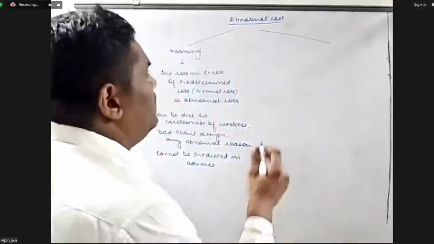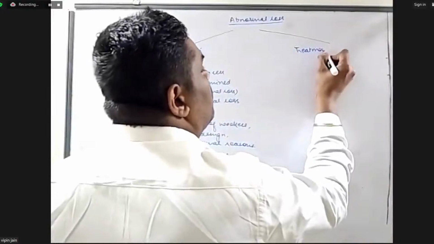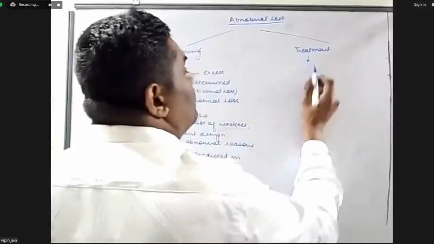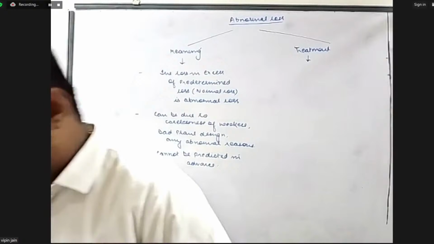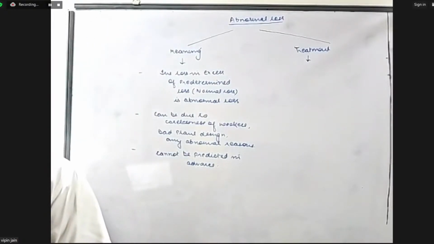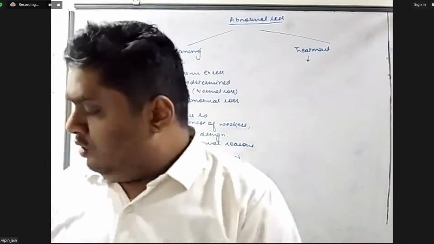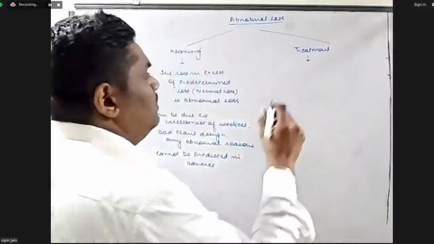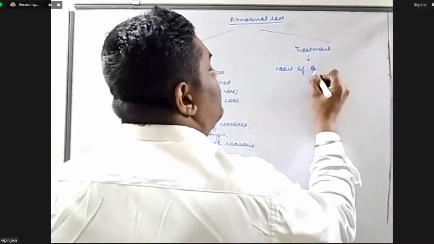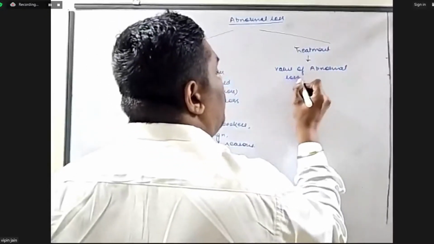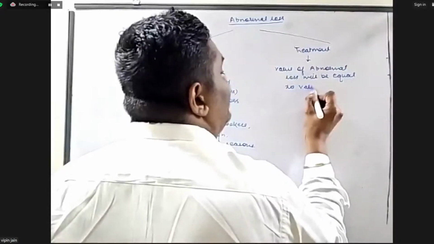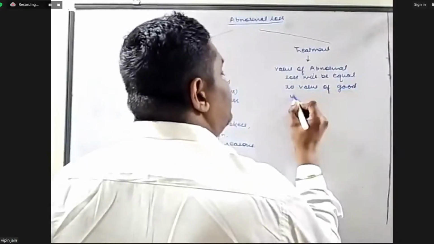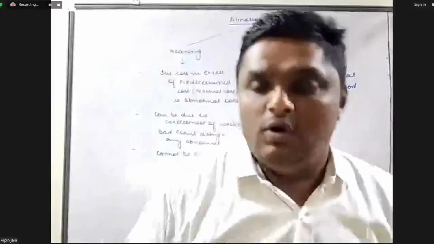Now, when talking about the treatment of abnormal loss, the value of abnormal loss will be equal to the value of good units.